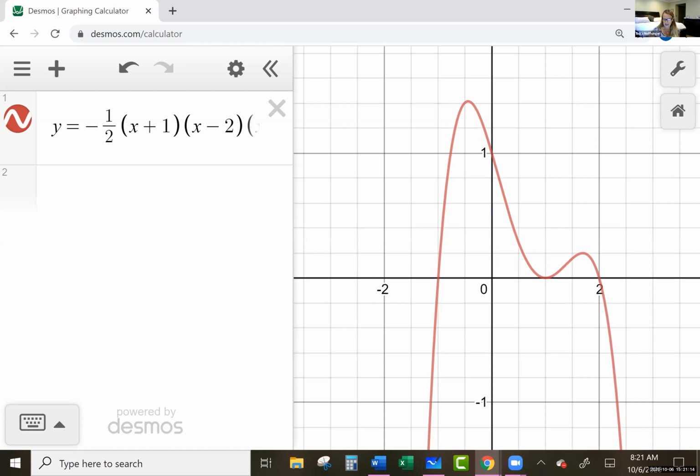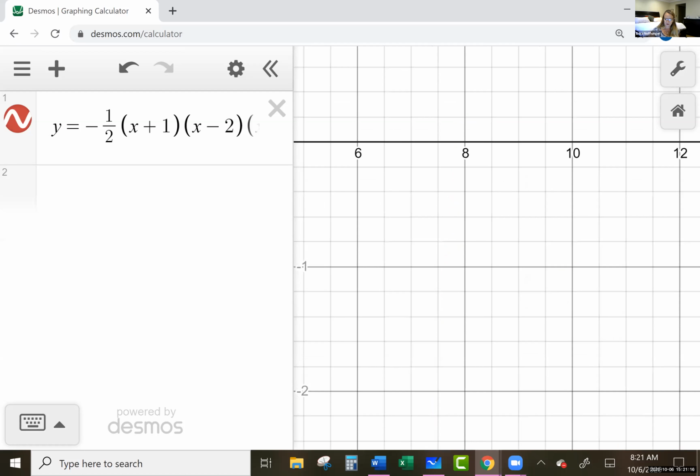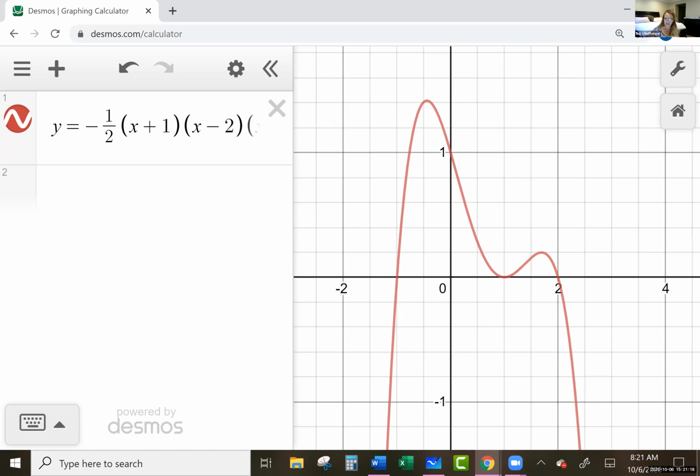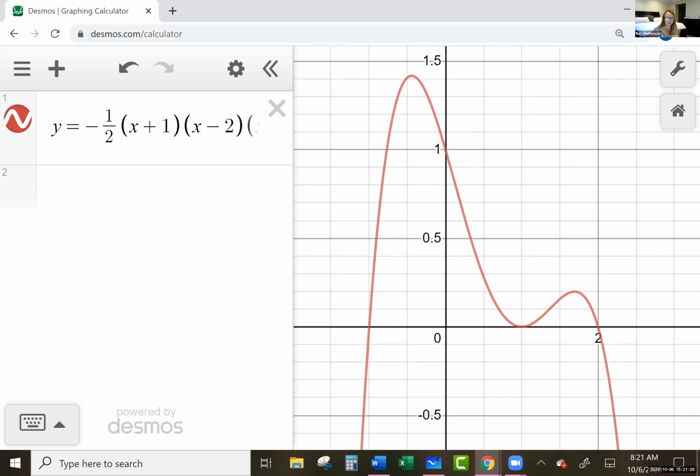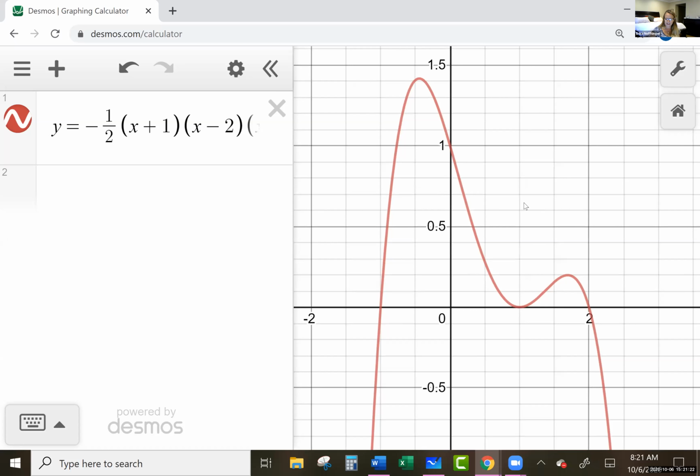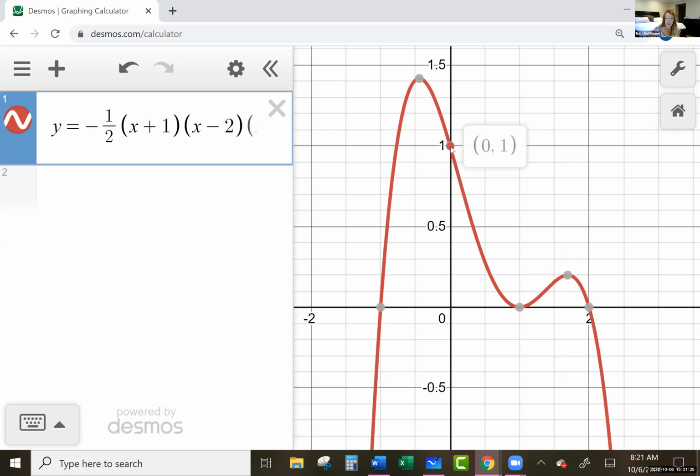Actually, my graph is a little different. It was crossing the x-axis here, and ours had a peak here, but it has the same characteristics. It's turning around at 1 and crossing here.